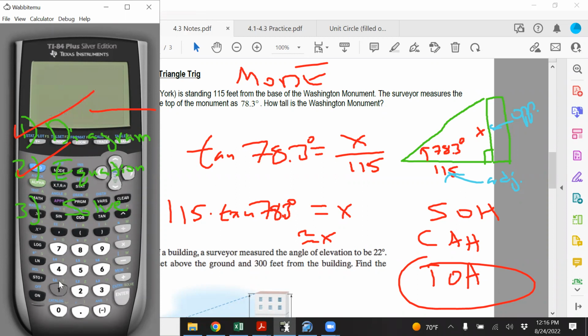So we get 115 times tan of 78.3. And there you go. Oh, I have a mistake. Am I in the right mode? I'm in the wrong mode.